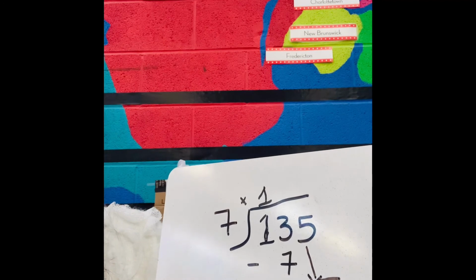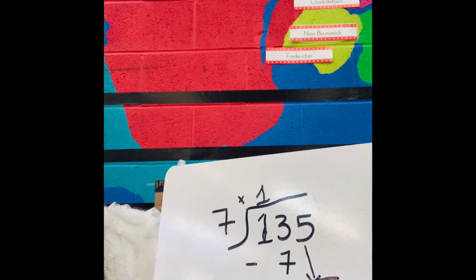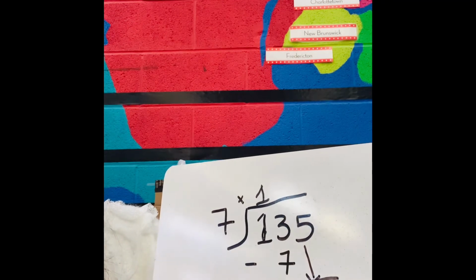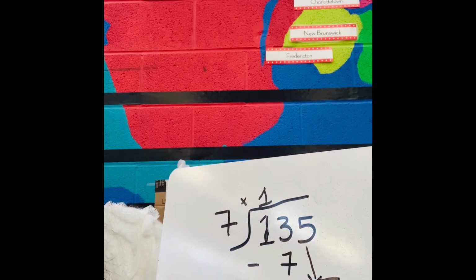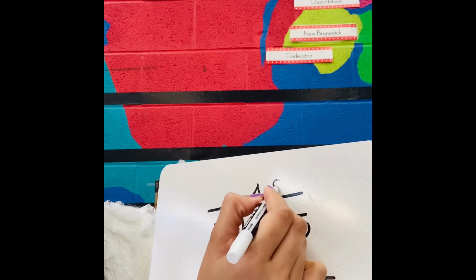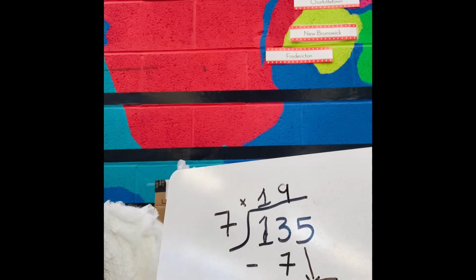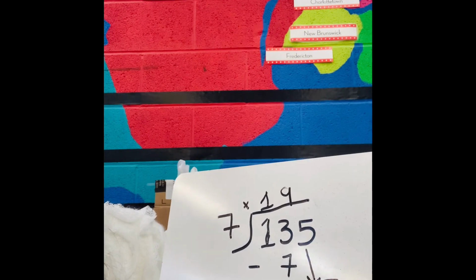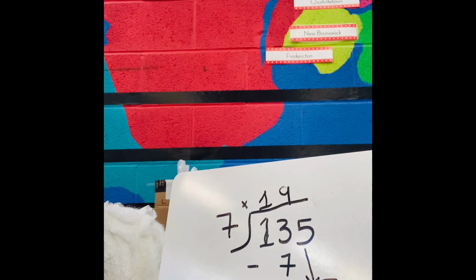Now if I know my 7 times table, I would know that I can only take 9 7s to divide this number, because 7 times 9 gives me 63. And I am left with 65 take away 63, 2.